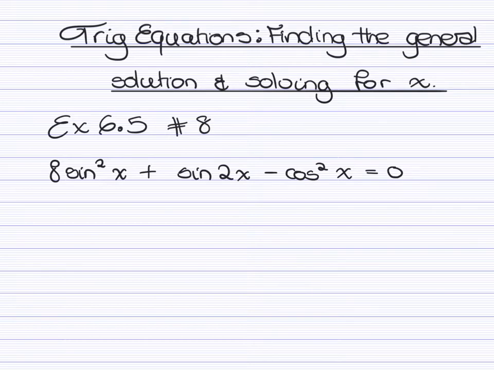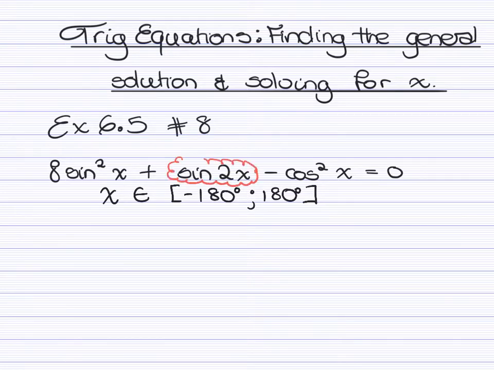They want us to find the general solution and solve for x within the range minus 180 degrees up to 180 degrees, including both minus 180 and positive 180. So the first thing that you look at here is the sine 2x, right?